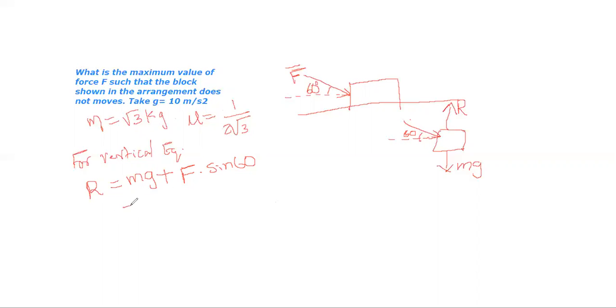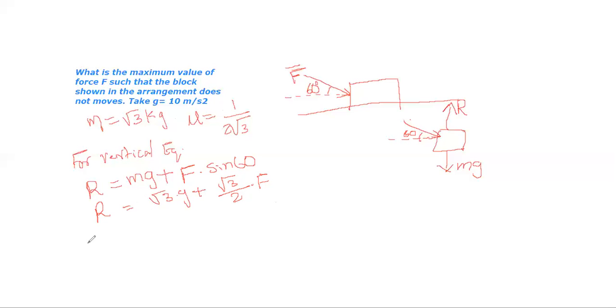We know that m is square root of 3, so R is square root of 3 times g plus, we know sine 60 is square root of 3 by 2, so square root of 3 divided by 2 times F. That is the normal force on the block for vertical equilibrium.